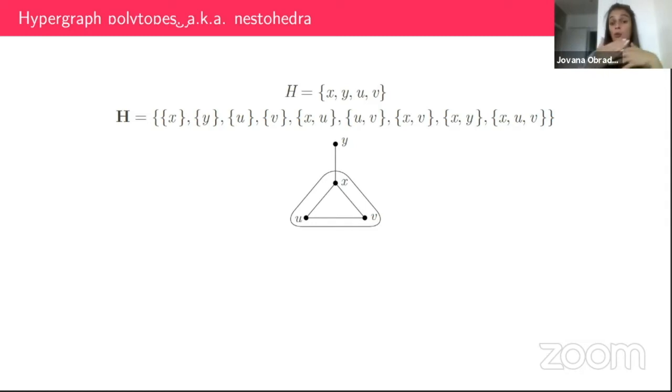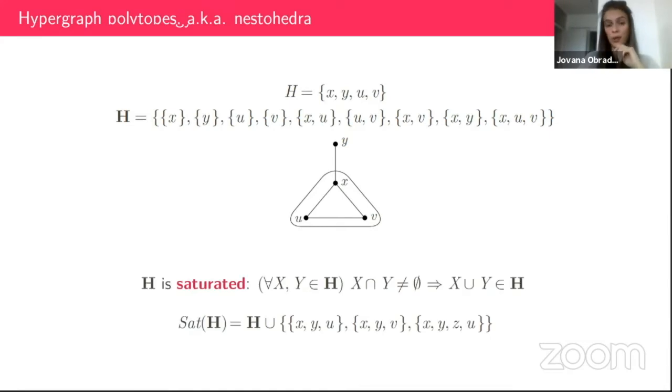And then in order to truncate, we shall use one property of hypergraphs, and that's the property of being saturated. We say that a hypergraph is saturated whenever for any two of its hyperedges, x and y, if x and y have a non-empty intersection, then their union is also a hyperedge of that hypergraph.